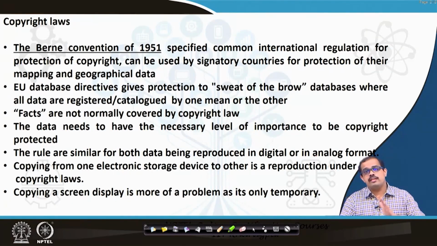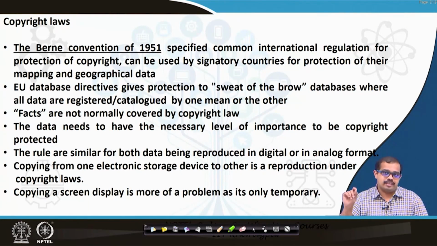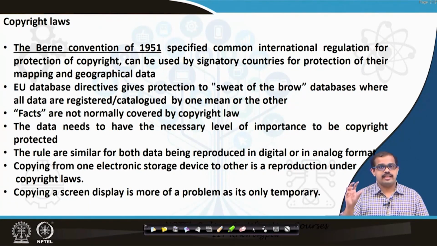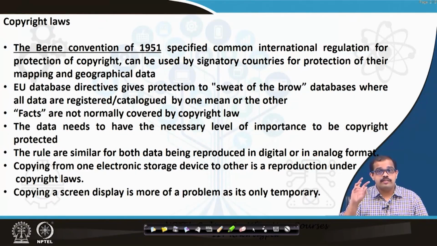Facts are normally not copyrighted under the copyright law, only the digital data is. The data needs to have a necessary level of importance to be copyright protected. So, you should understand that only certain data can be copyright protected.